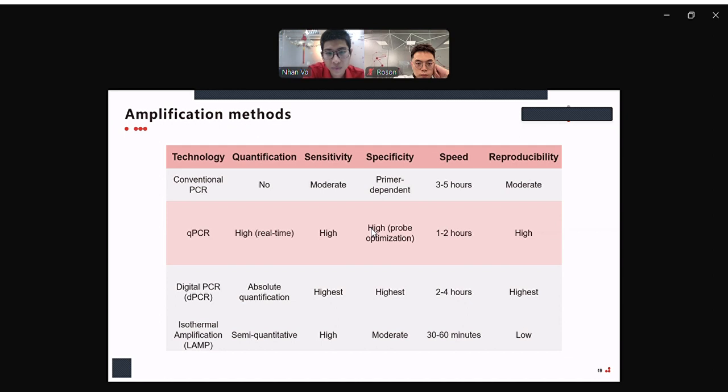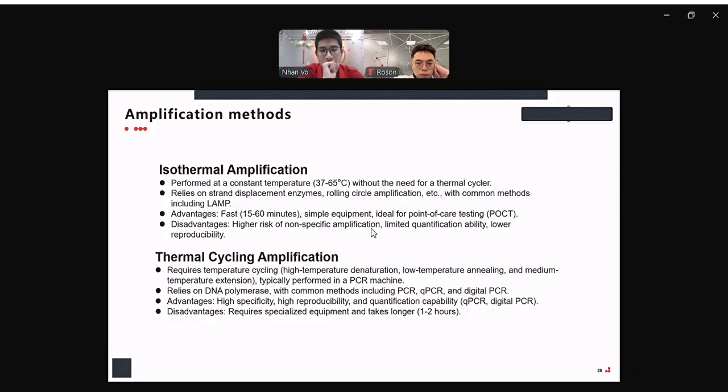So, like I mentioned before, the qPCR can be recognized as the gold standard during COVID-19. You might ask why the qPCR is the gold standard in diagnostics.